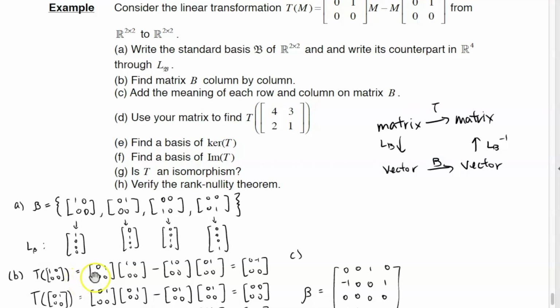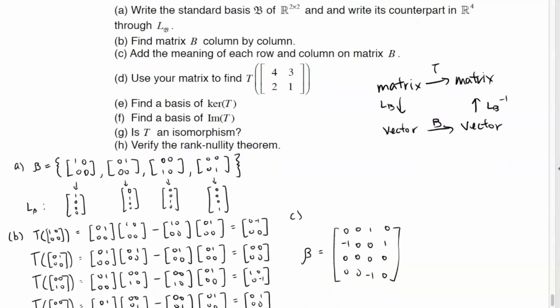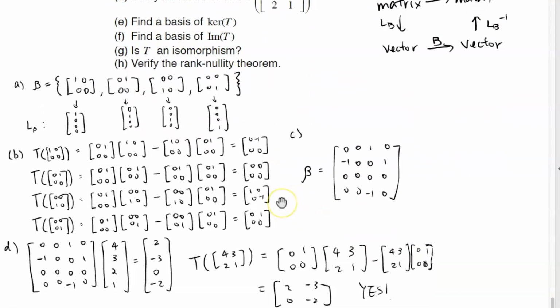So this is the transform, and that's what I get. 0, -1, 0, 0, if we read it in rows, is going to come as the first column in matrix B. If I transform the second element in my basis, I get 0, 0, 0, so that becomes the second column in matrix B. Same with the third, same with the fourth, and now we have been able to build matrix B. This should be just a B, not a squiggly B, but it doesn't matter.